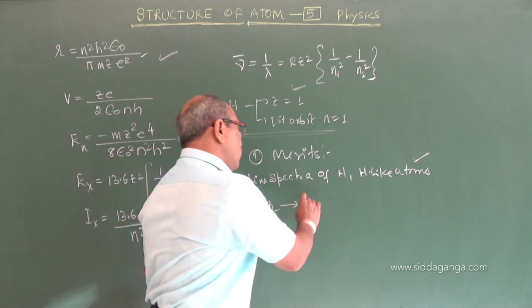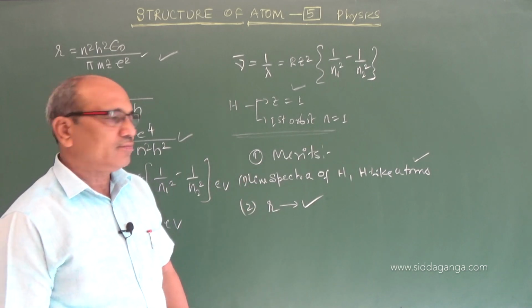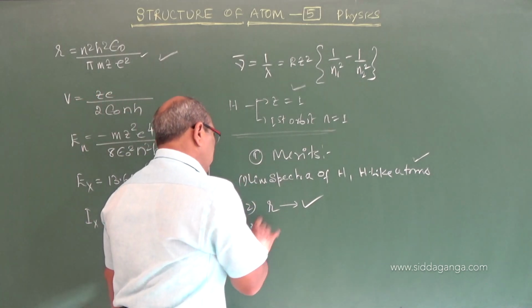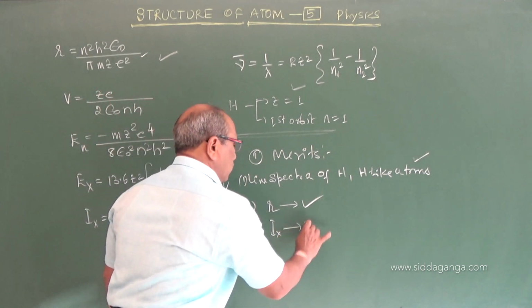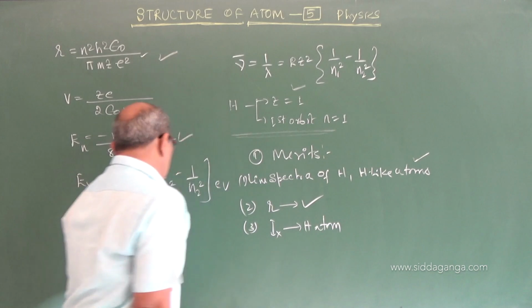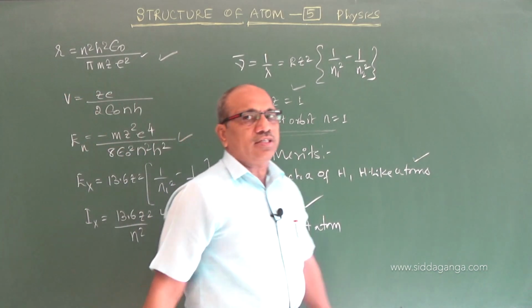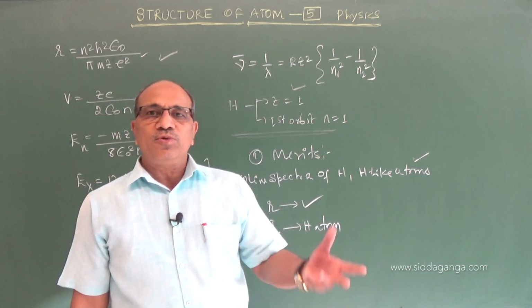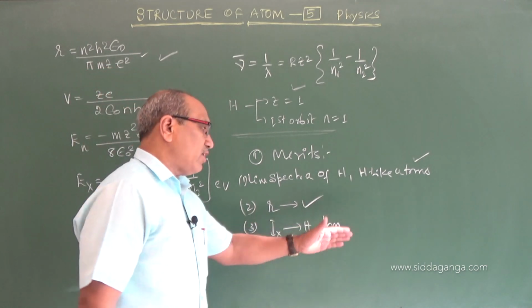The radius of the Bohr orbit was calculated correctly for the first time, that of the size of the atom. And the third one is the ionization energy of the hydrogen atom. Calculated using this, with Z as 1 and n as 1, we get about 13.6 electron volt. This is found to be in good agreement with the practical or experimental value.